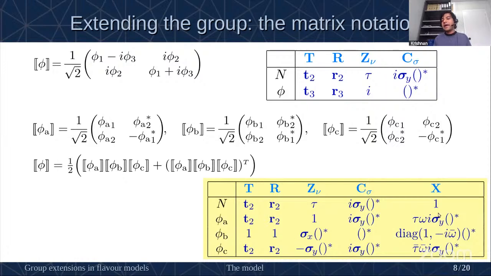After that, I introduced a new generator which acts only on them and cancels each other so that it doesn't affect phi as a whole. So this is the whole process of group extension which I'm talking about, and why I do it, etc., will be clear later.